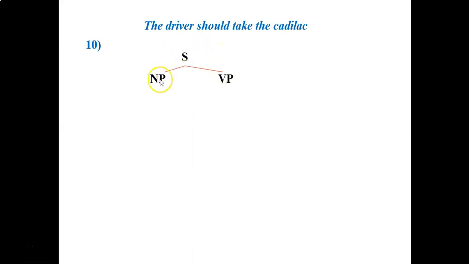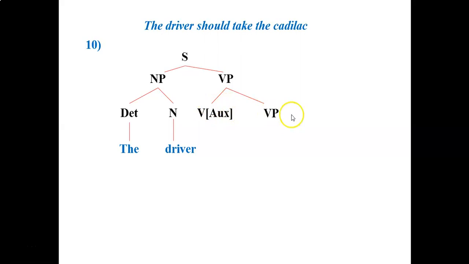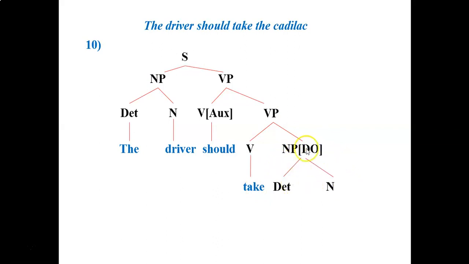Okay, now let's see one by one. NP and VP. For NP we have determiner and noun, the driver. And the VP, let's see, the verb may have the label aux, from the label of auxiliary, and here the second VP, and then should as the verb, and then also NP as direct object, take, determiner noun, the Cadillac.